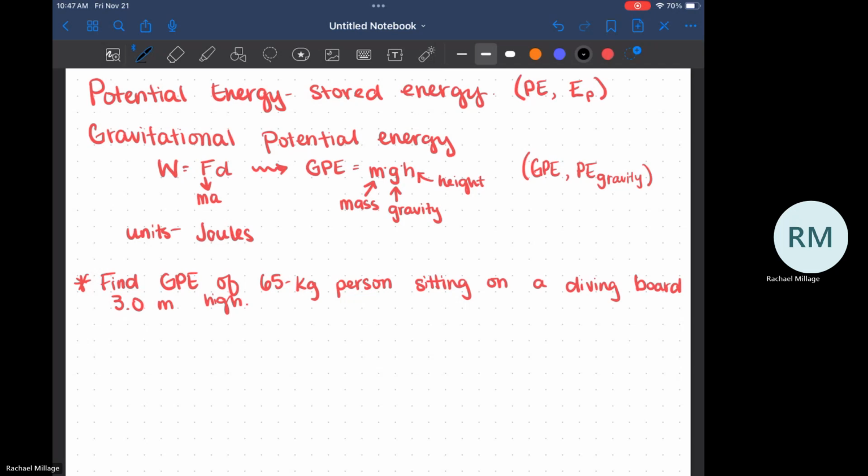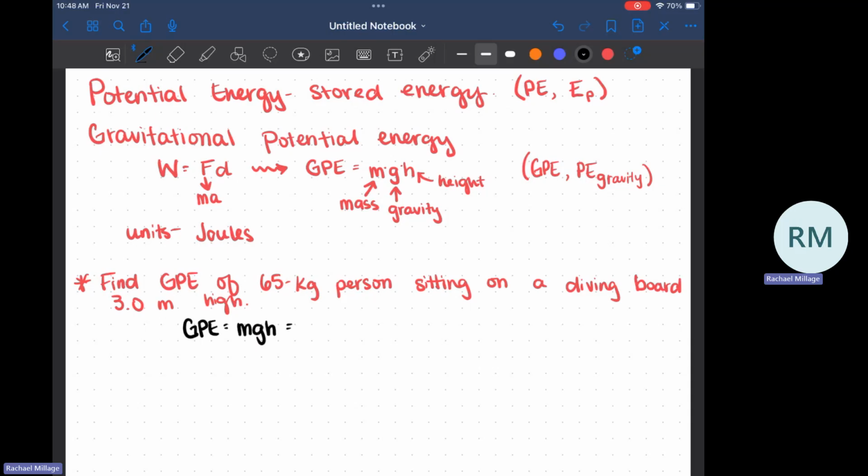How would we start, Brooke? Would it be a little bit easier to start with our GPE equation? Yes. So we know that GPE is equal to what three things multiplied together? MGH, mass times gravity times height.